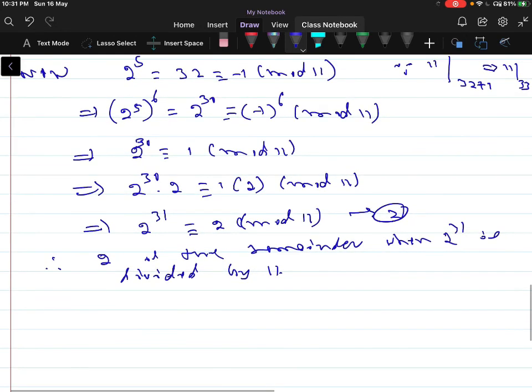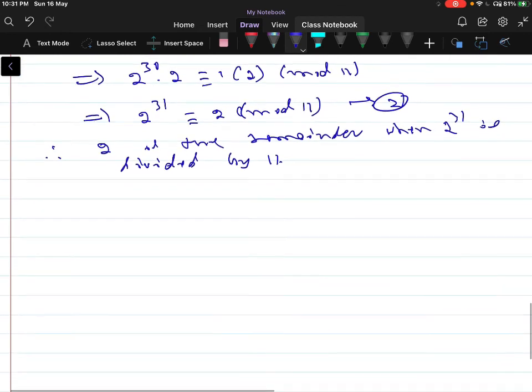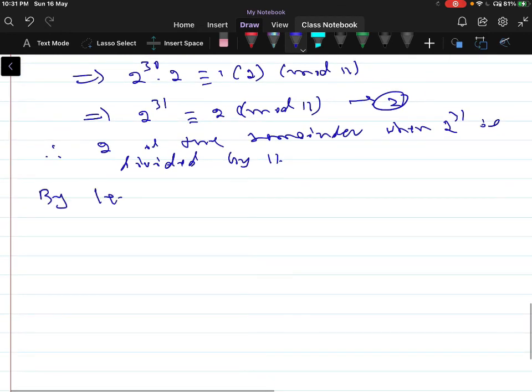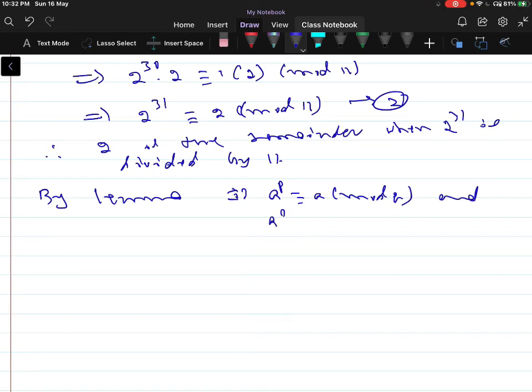So from 1 and 2 we can apply the lemma. By the lemma, if a power p is congruent to a modulo q and a power q is congruent to a modulo p, then a power pq is congruent to a modulo pq.